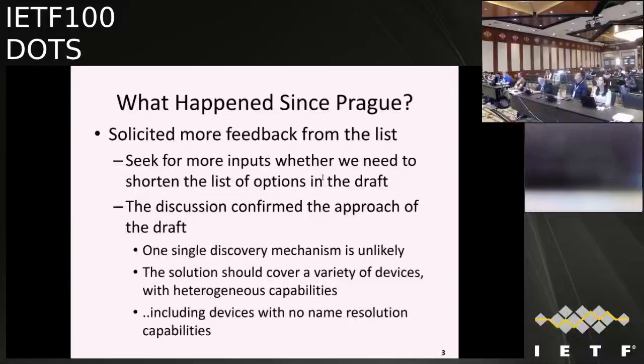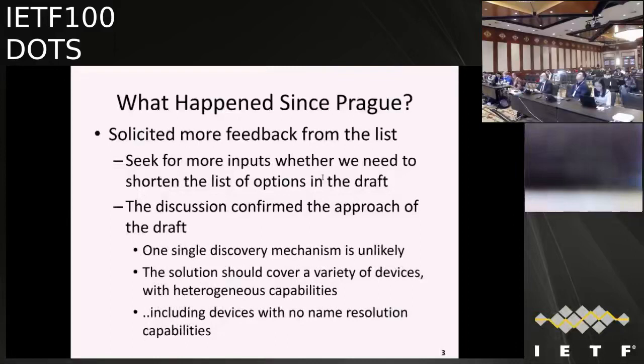So during the last IETF meeting, there was one comment that said that we have many more options in the document, and we would like to shorten that list. So we went back to the mailing list and asked people if they have opinions on how to shorten that list, and if there are some options that we can remove from the draft.